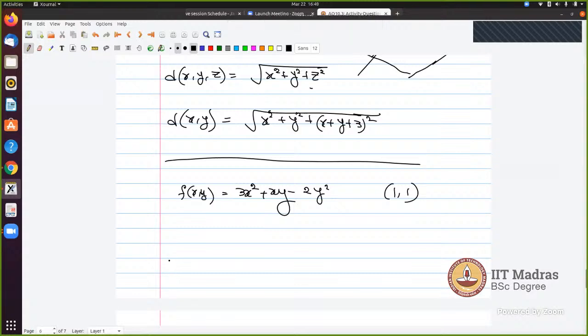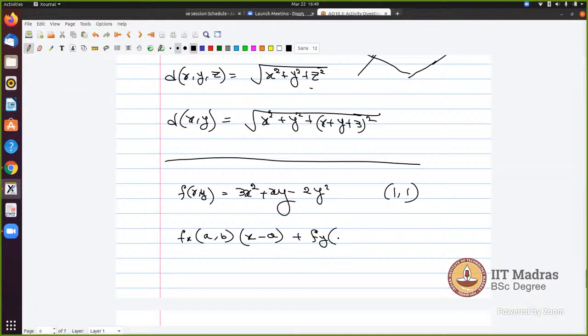Yes, sir, the usual formula: we take f of a tilde, where a tilde is 1 comma 1, plus del f of a tilde dot x tilde minus a tilde.